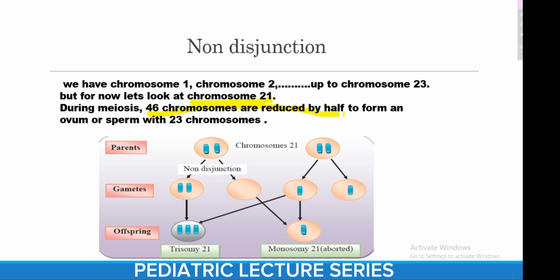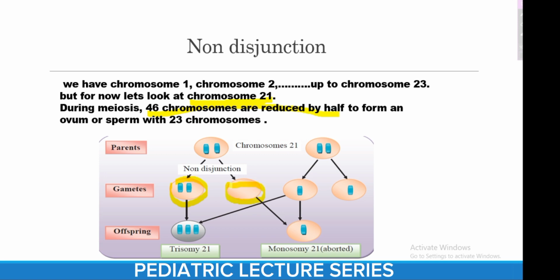But in case this process is not completed successfully due to non-disjunction, some gametes are formed with an extra chromosome, whereas some gametes are formed with no chromosome.